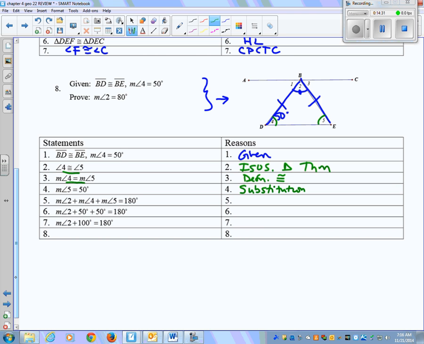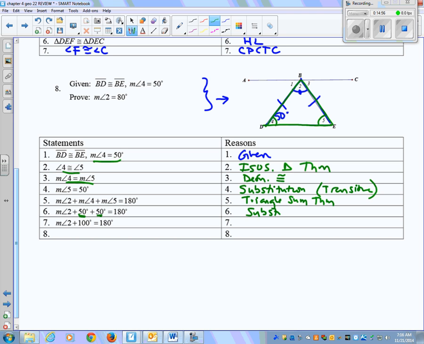This next one, the measure of angle 5 is 50. Well, if 4 is 50 and 4 is equal to 5, then 5 is 50 by substitution, or you could have used transitive here. And then the measure of angle 2 plus 4 plus 5, these three angles add up to 180 by the triangle sum theorem. Then we substitute 50 in for both of those.